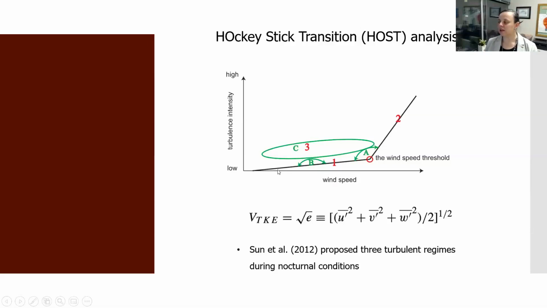That it increases linearly above a threshold wind speed, and not as steeply, so there are 2 different slopes, and intensity increases with wind speed. And then she also identifies this 3rd regime of transition, moving between these 3 regimes.